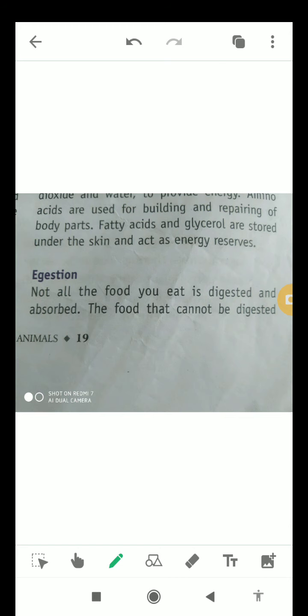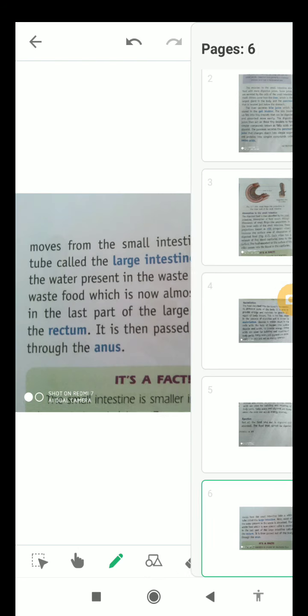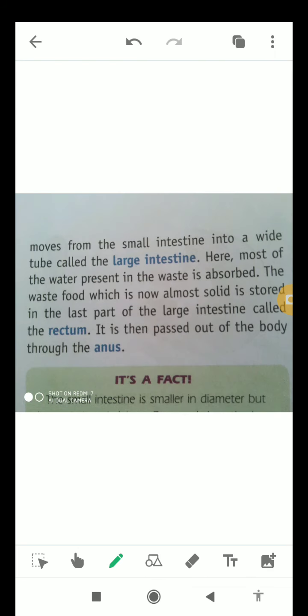Now the last slide. In this process, as we all know, not all the food you eat is digested and absorbed. The food that cannot be digested moves from the small intestine into a wide long tube called the large intestine, as I showed you in the diagram. Here, most of the water present in the waste is absorbed.